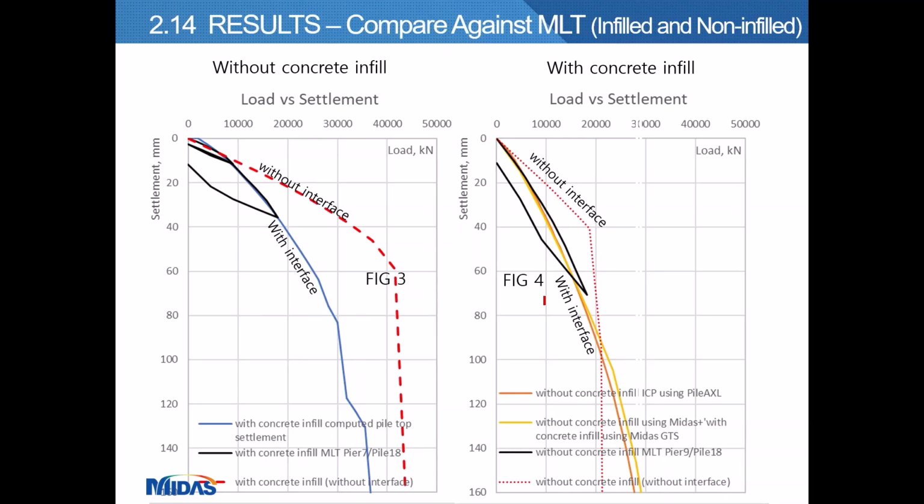It's very clear that the ultimate bearing capacity is over-predicted without considering the interface element. This is because the soil doesn't have the slip mechanism if the interface is not introduced.